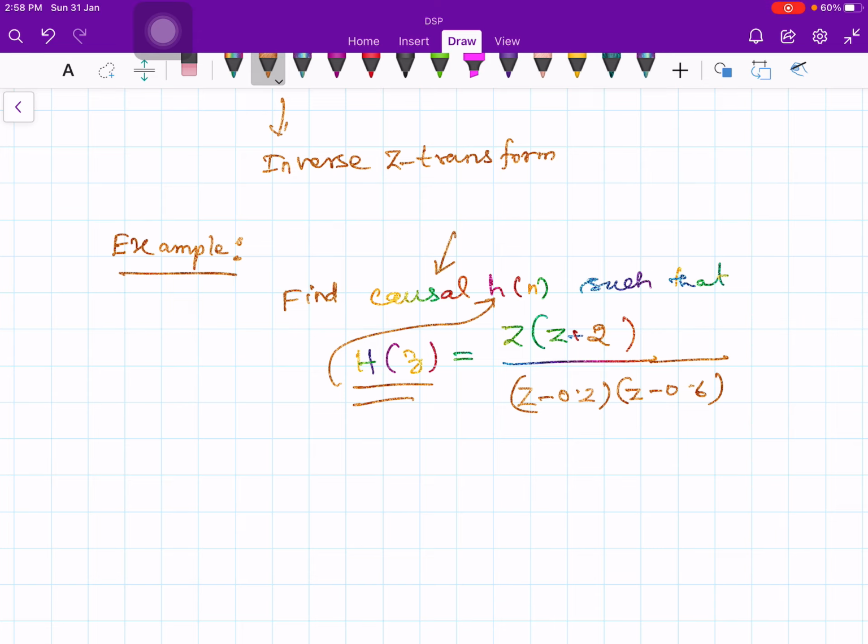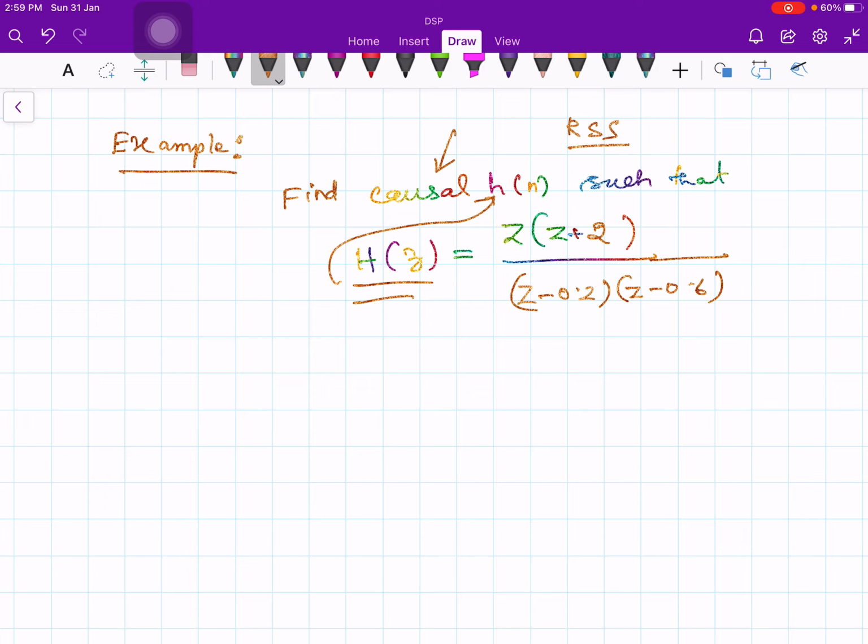So the first thing you do when you encounter such an expression is to express it as a rational function in z inverse. But the given function is in terms of z.